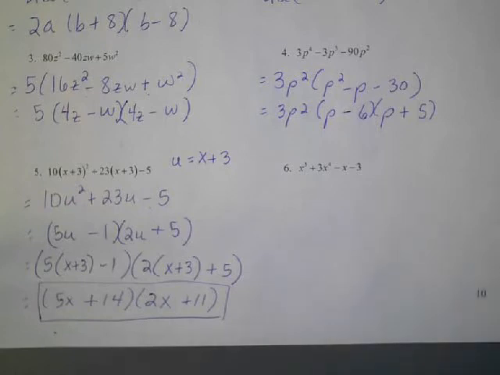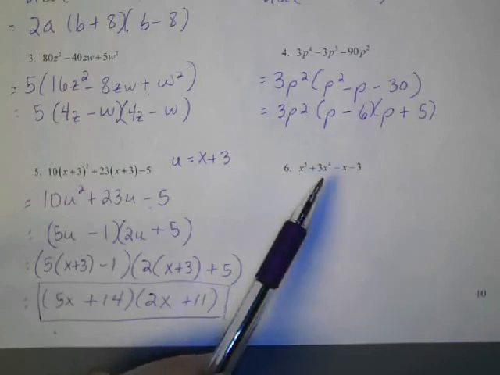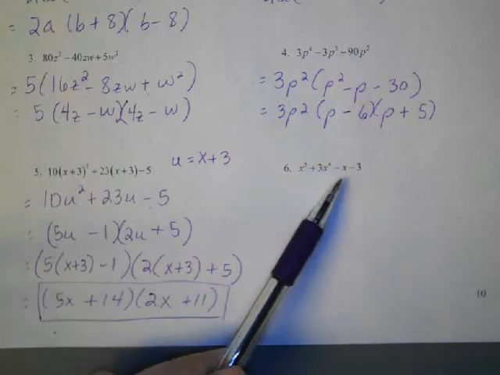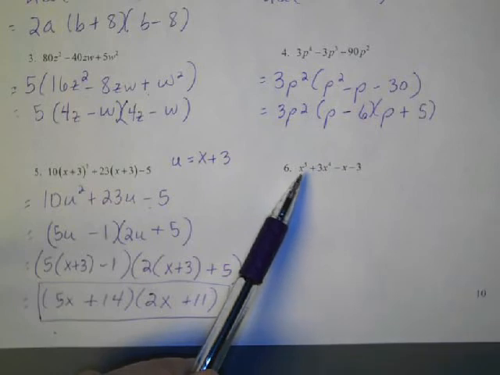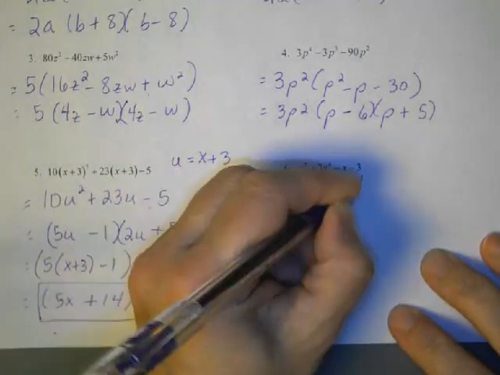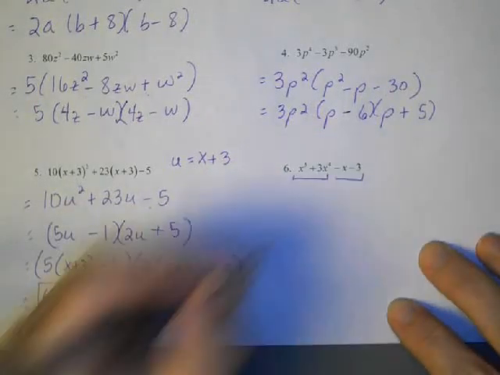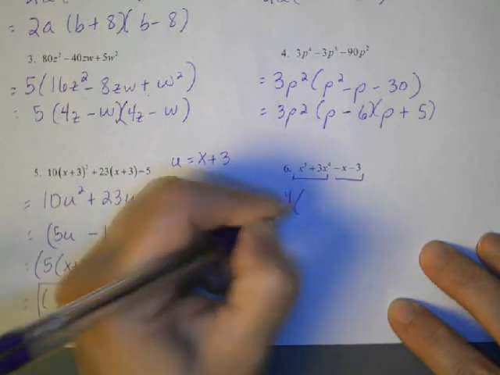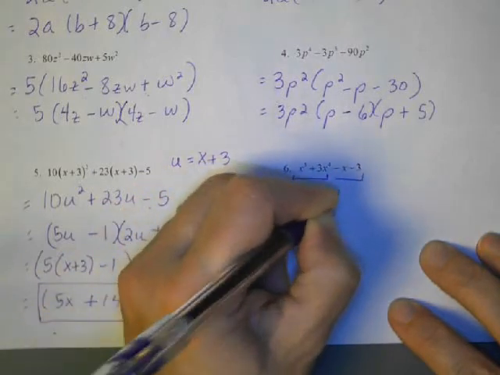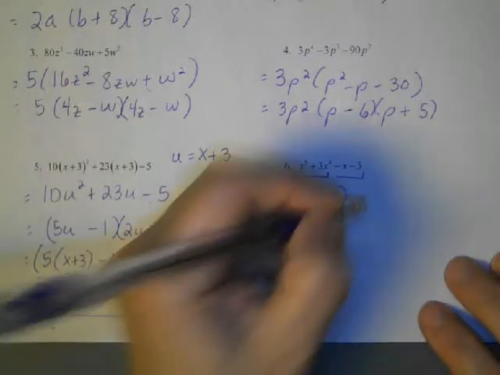Problem 6 is not a trinomial. It is a 4-term polynomial, so we would factor this by grouping. I like the order it's in, so I'm going to leave it. My first two share x to the 4th. My second two share a negative, so I'm going to factor out negative 1.